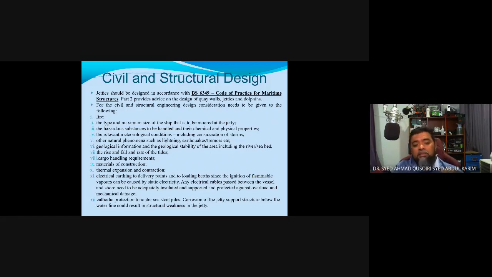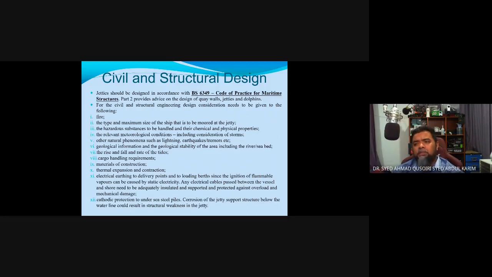meteorological consideration, the operation of the jetty if there is a storm coming, other natural phenomena such as lightning, earthquake, geological information and geological stability in the area of the river or sea, rise and fall of tides, cargo handling requirement, material of the construction of the actual jetty, thermal expansion and contraction.